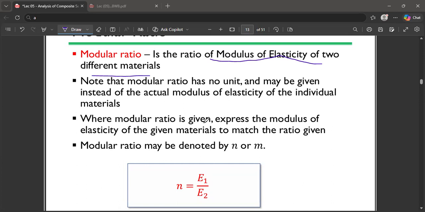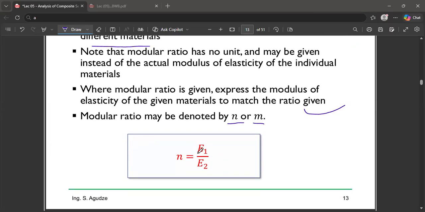Where modular ratio is given, express the modulus of elasticity of the given material to match the ratio given. The modular ratio may be denoted by N or M.